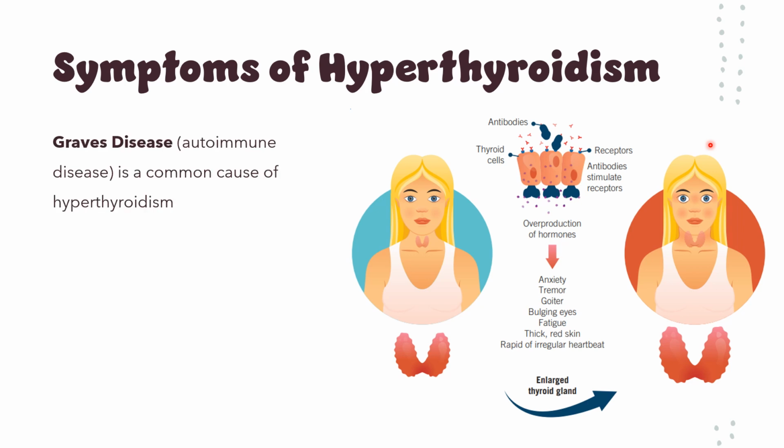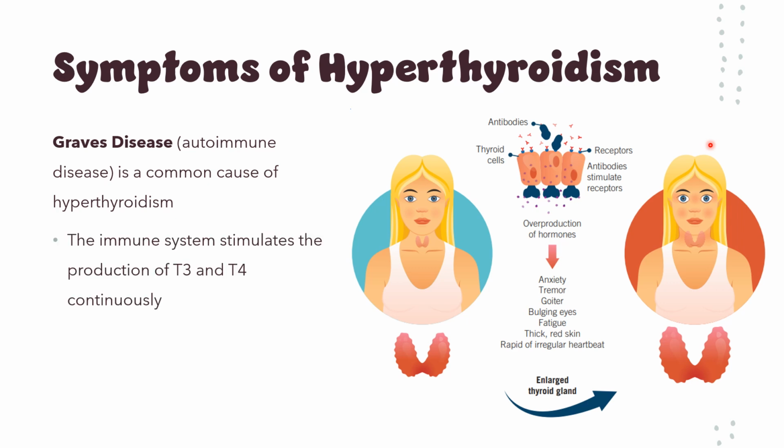So let's look at some symptoms of hyperthyroidism. We're going to look specifically at Graves' disease, which is an autoimmune disease, and it's a common cause of hyperthyroidism. So essentially the immune system keeps stimulating the production of T3 and T4 from the thyroid gland.